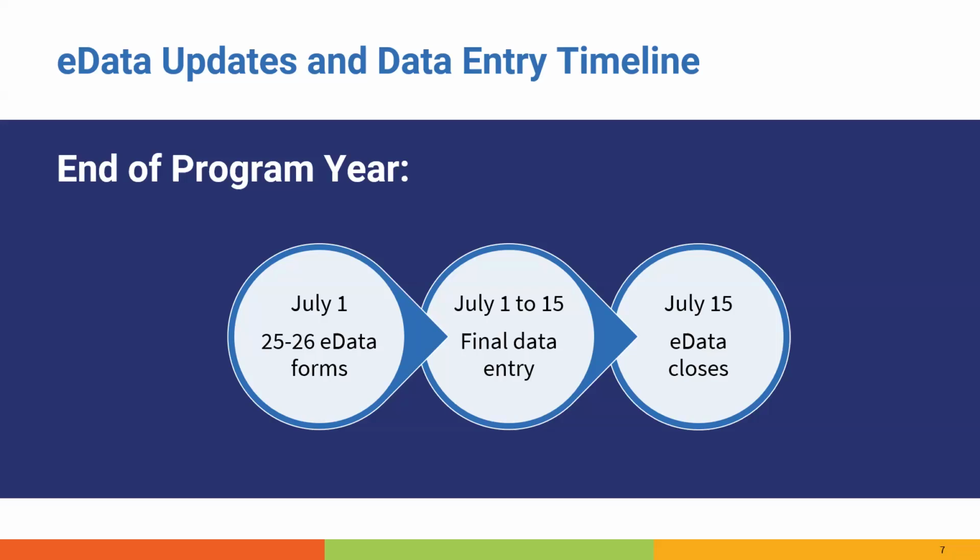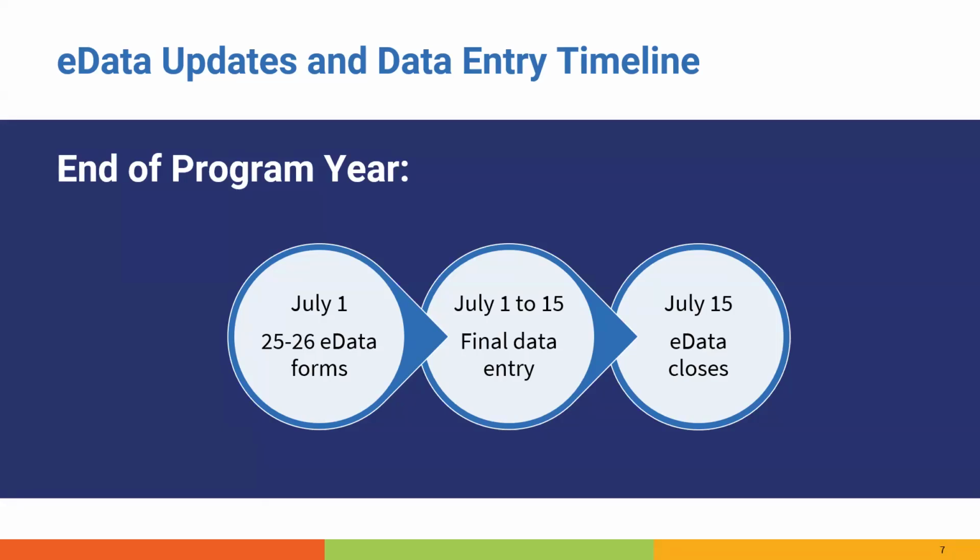Those are reportable students for this program year. That will also set the foundation for being able to roll over their information into the program next year. That's why we don't make the 25-26 forms available until July 1, because the 24-25 forms are still valid now.